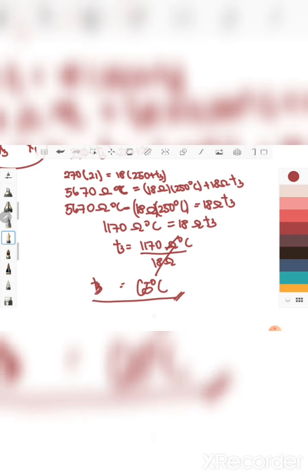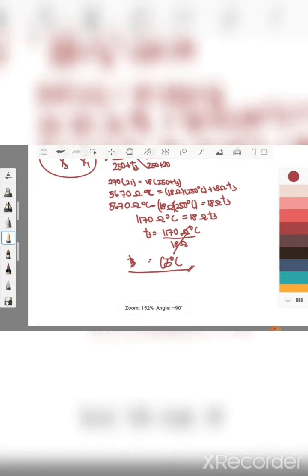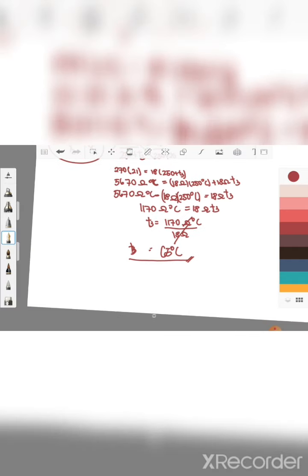Okay, but since there is a surrounding temperature of 15 degrees Celsius at this moment, let's get the temperature difference. So delta T is equal to T3 minus 15 degrees Celsius, which is equal to 65 minus 15 degrees Celsius, it is equal to 50 degrees Celsius. This is your T difference, T diff or T delta.